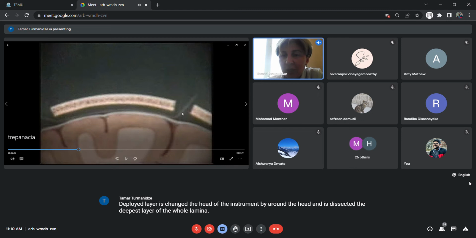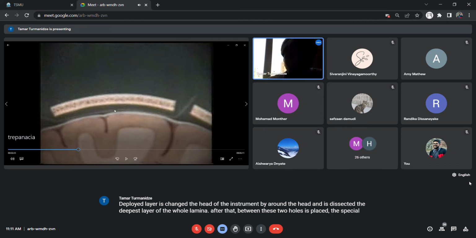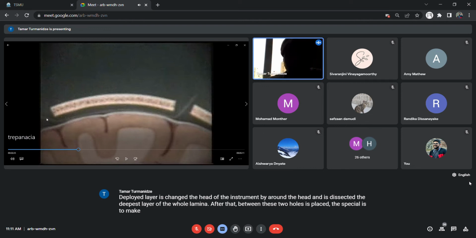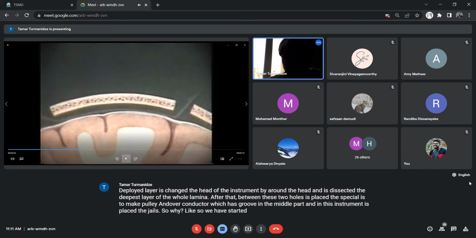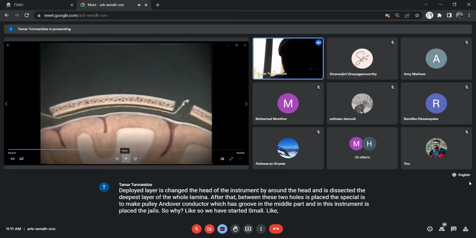After that, between these two holes is placed a special instrument, Poleanova's conductor, which has a groove in the middle part, and in this instrument is placed the Gigli saw. This is shown now.